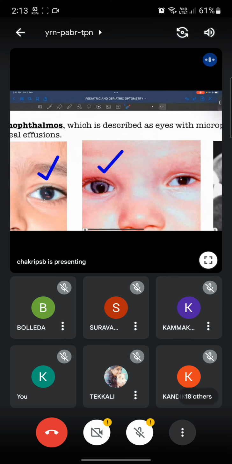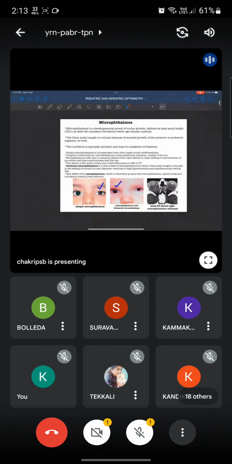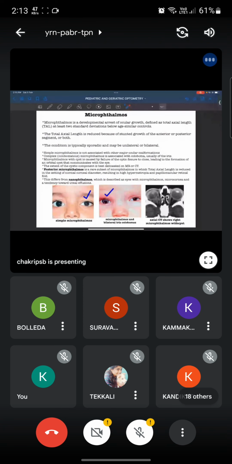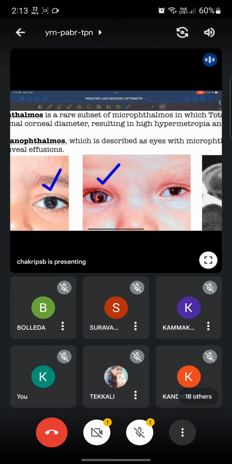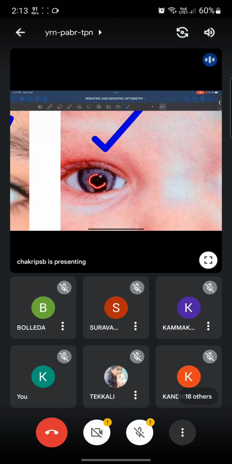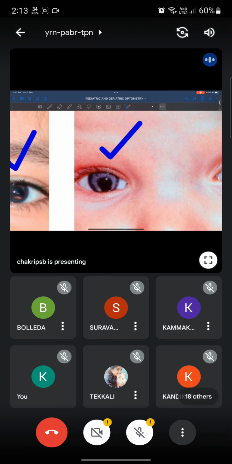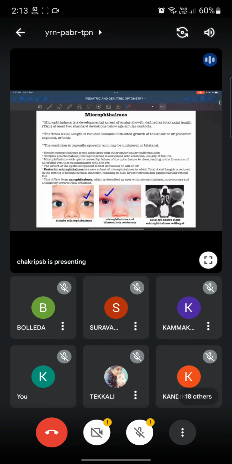This is keyhole coloboma. Most of the time it occurs with coloboma. Simply understand, microphthalmos means incomplete development. The iris should cover the pupil like this, but here there is incomplete closure of the pupil or iris. So these are the ocular associations with microphthalmos.